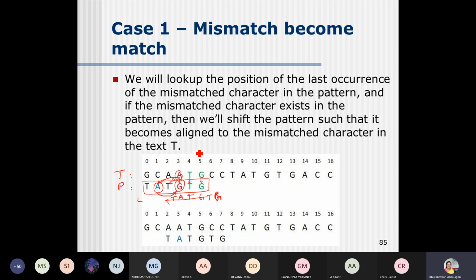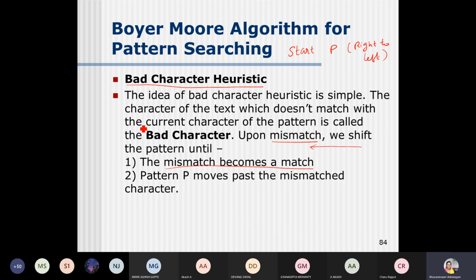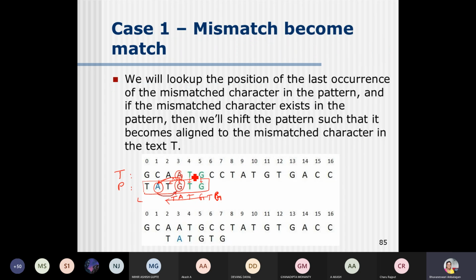If I do have a pattern like this, A is going to be available here, so obviously this particular shift will give me a match. So the first condition is, you have to identify the mismatch and move the pattern until this mismatch becomes a match.